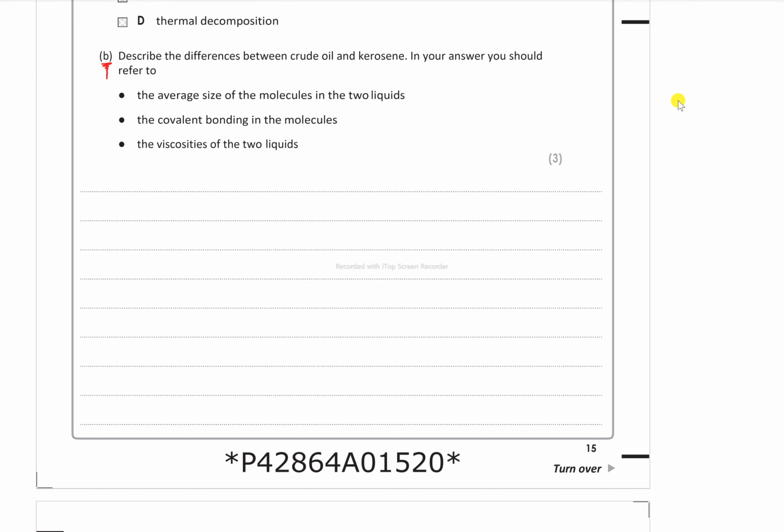We need to describe the difference between crude oil and kerosene: size of molecule, bonding, and viscosities. Viscosity is the runniness of a liquid, or how thick it is.